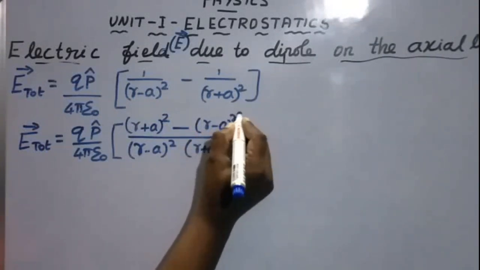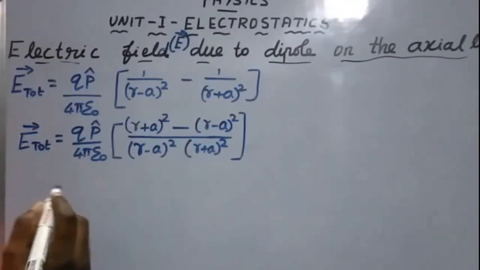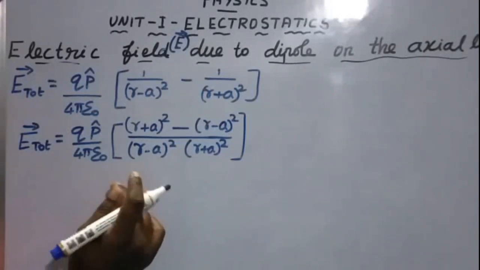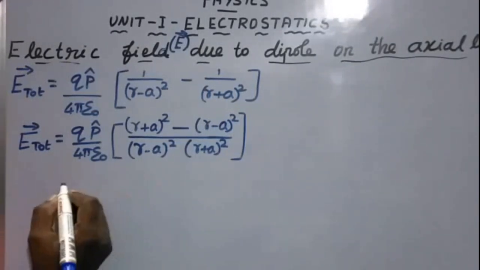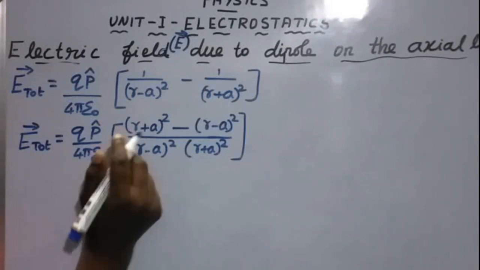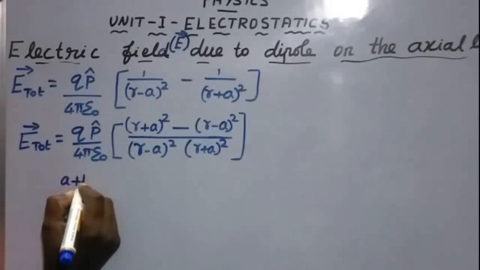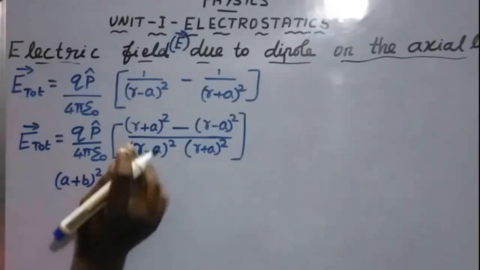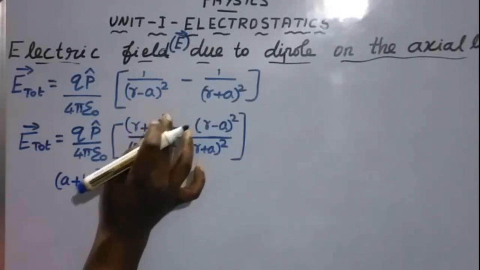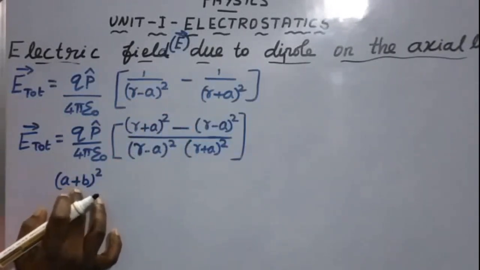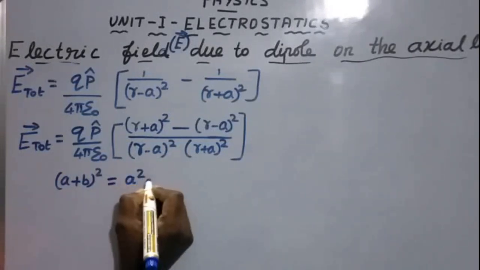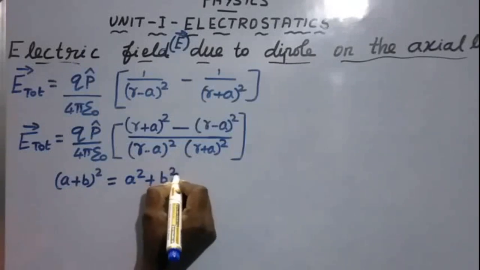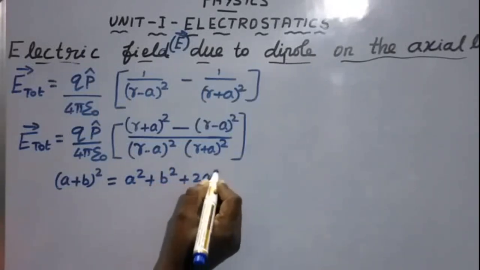Now we are going to insert 3 formulae. I hope you all know this one. (r plus a) the whole square is in the form of (a plus b) the whole square, which is equal to a square plus b square plus 2ab.